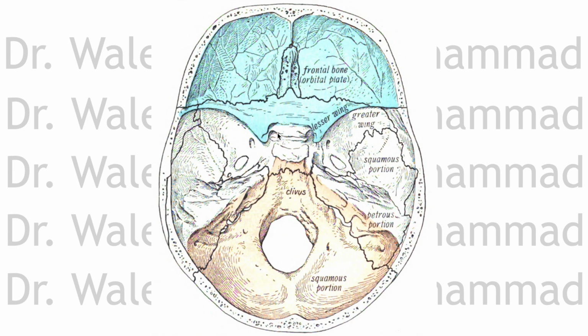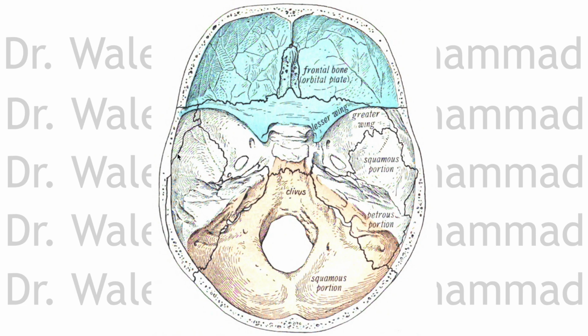These are the anterior clinoid processes. Now, the frontal lobe of the brain lies in the anterior cranial fossa.